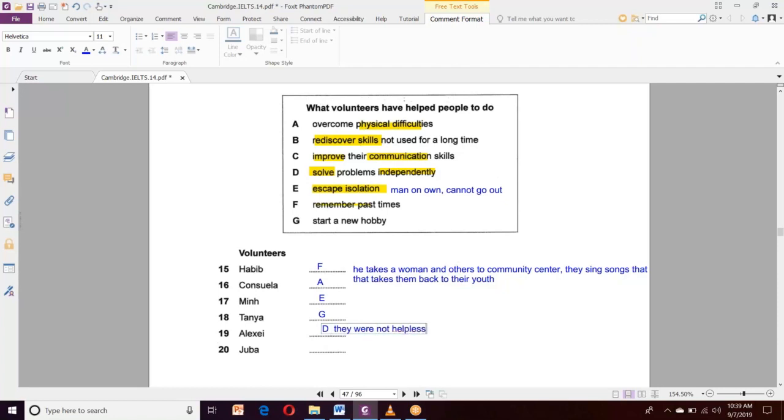They were not helpless and can do something themselves. Okay? All right, and what about number 20?